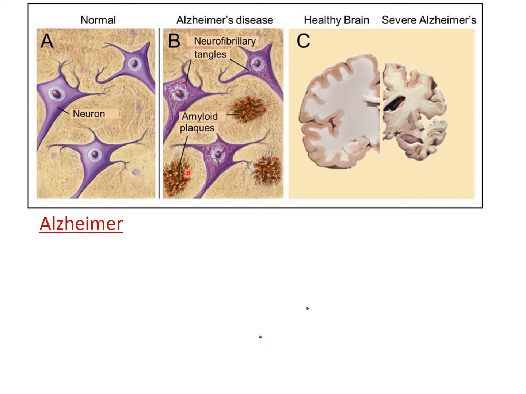So these plaques represent abnormal proteins in the brain, which lead to Alzheimer's disease. And in C diagram we can see this one is a healthy brain and this shrunken brain is again the Alzheimer's brain.